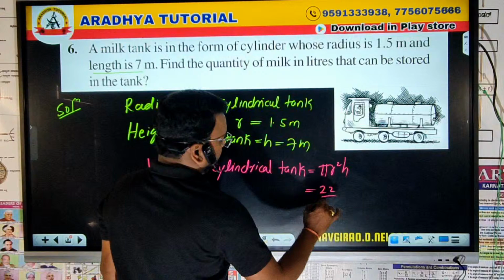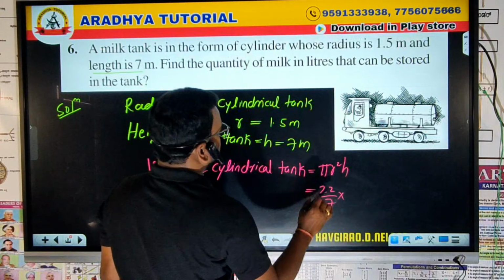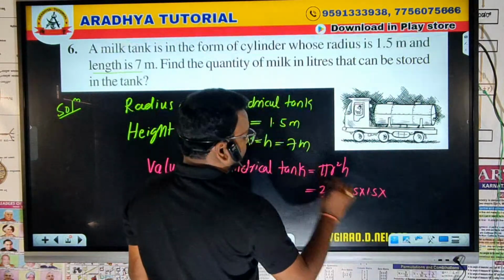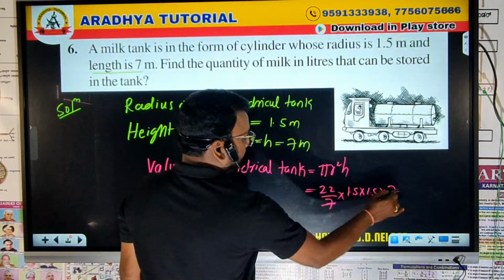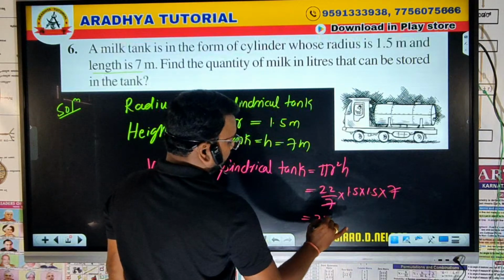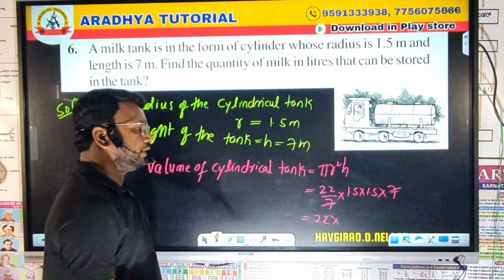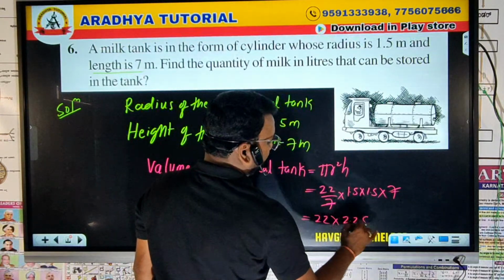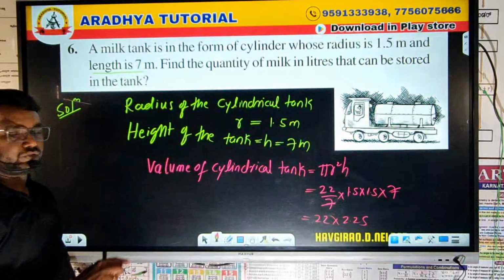22 divided by 7, pi is 22 by 7, r is 1.5 into 1.5, h is 7. 7 get cancelled. 22 into 1.5 into 1.5. 1.5 square is 2.25, that is 15 square, 15 square is 225.